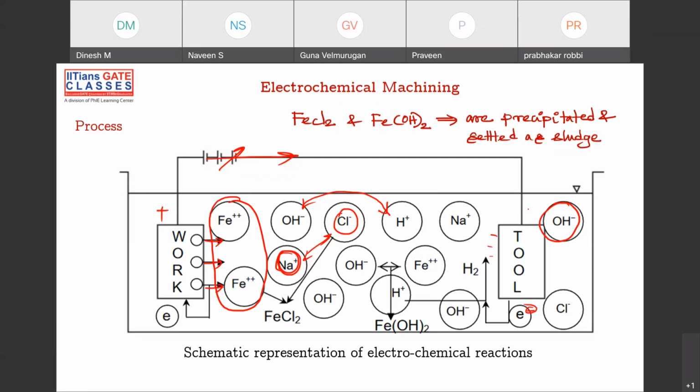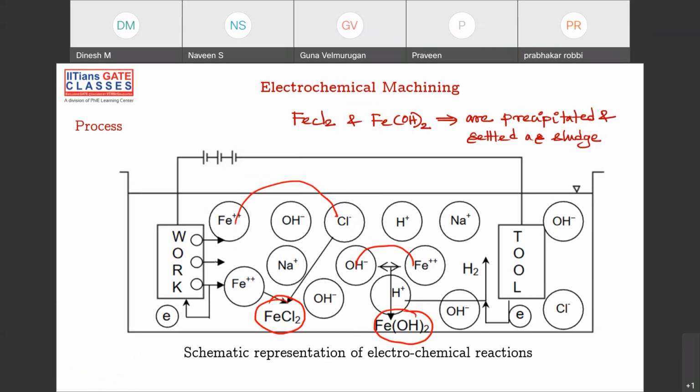Now you see this Fe and Cl are formed, and Fe and OH are formed. This gives FeCl2, and OH and Fe give Fe(OH)2. In the sense, iron is reacting with chloride, and iron is reacting with hydroxide ions.